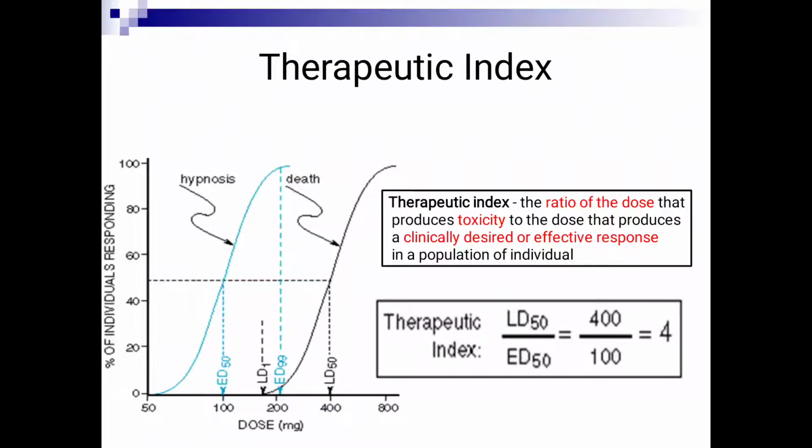Toxicity means lethal dose 50, and here LD50 is 400. So it is 400 by 100, and the therapeutic index is 4. So basically you have to remember therapeutic index is equal to LD50 upon ED50, the ratio of toxic effect upon desired effect.